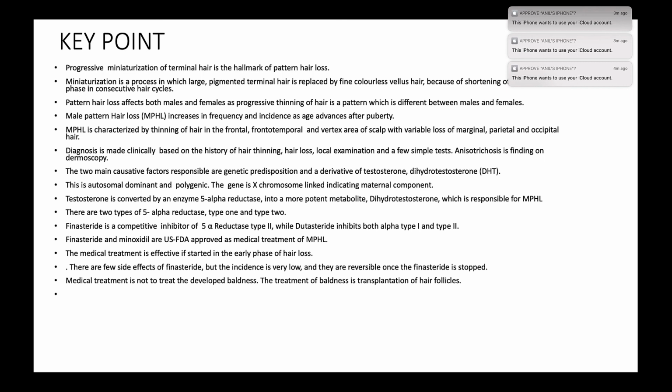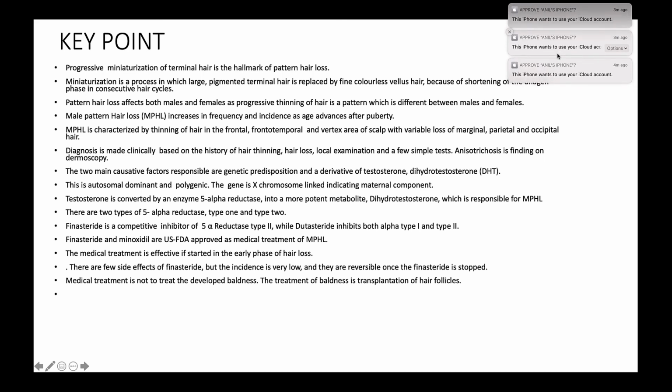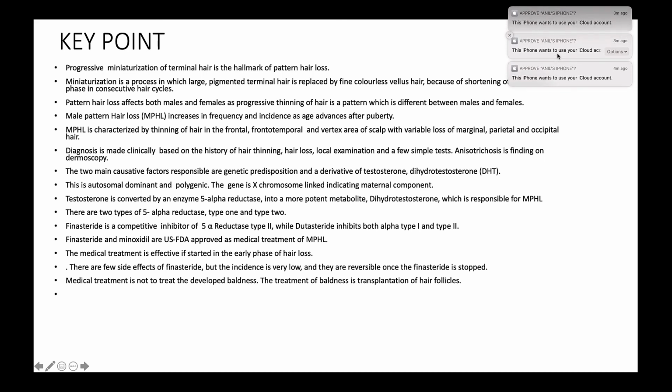The progressive miniaturization of terminal hair is the hallmark of hair loss. Miniaturization is a process in which large pigmented terminal hair follicles are converted into colorless vellus hair because of the shortening phase of anagen.